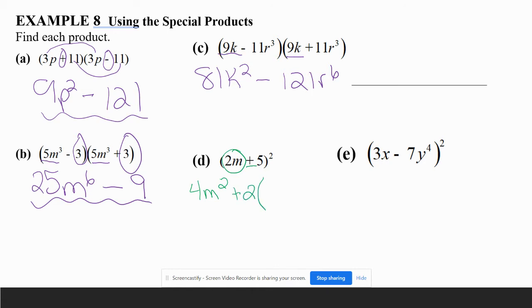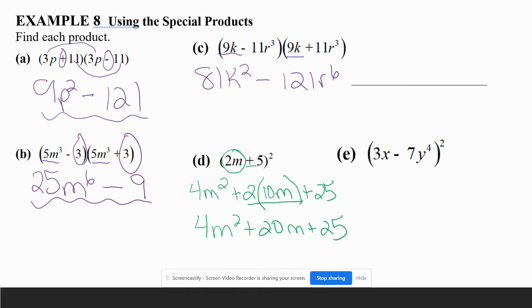And it's 2 times x times y. So 2m times 5 is 10m. And then plus, square the back, 5 squared is 25. Finish this by doing the 2 times 10m in the middle, and 4m squared plus 20m plus 25 would be our final answer, using the shortcut given at the first part of this lesson.